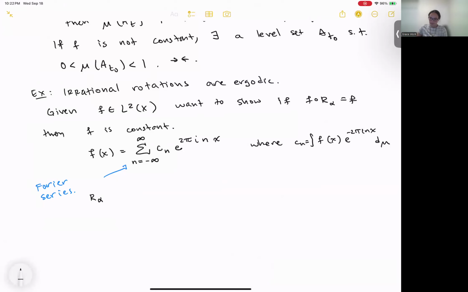Our irrational rotation can be written as x plus alpha mod 1.